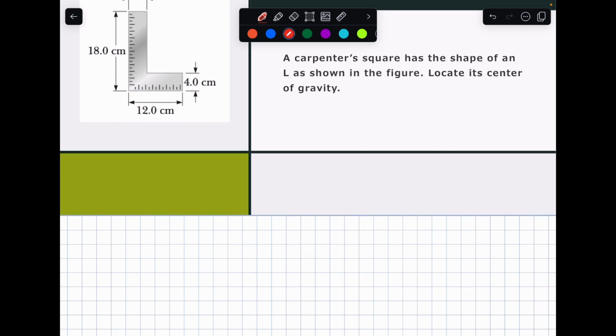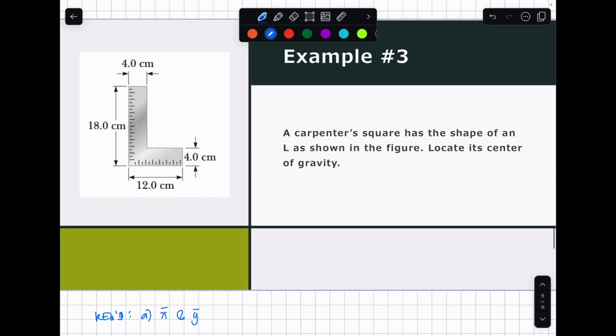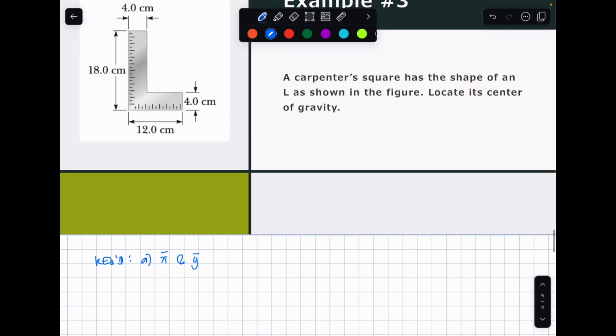So in this case, the requirement is to find X and Y. That would be the X component of the center of gravity, and Y is the Y component of the center of gravity. To do this, there are actually two ways to do it.